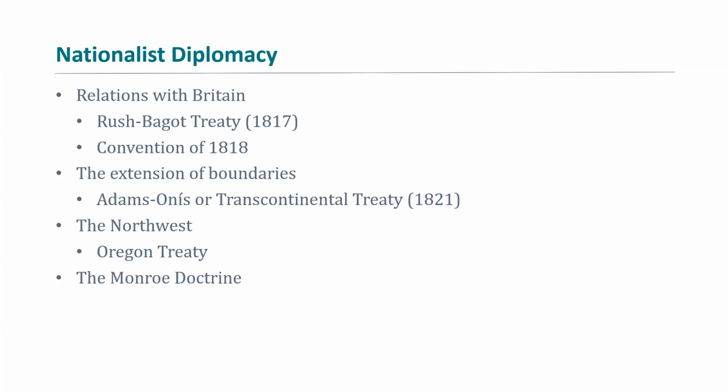The extension of boundaries. So the Adams-Onis Treaty gets us Florida and some other issues. You have the Oregon Treaty that's going to try to determine what we're doing with the British below the 49th parallel. And then the Monroe Doctrine ultimately becomes really important because this is nationalistic diplomacy.